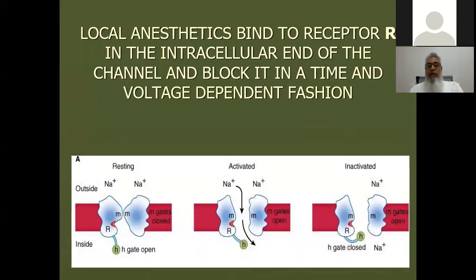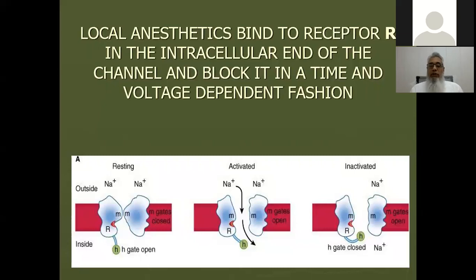When this minus 55 millivolt threshold is reached, these voltage-gated channels open up, and there is a sudden and spontaneous influx of sodium ions causing depolarization of the nerve membrane, from minus 55 millivolt to plus 35 millivolt.